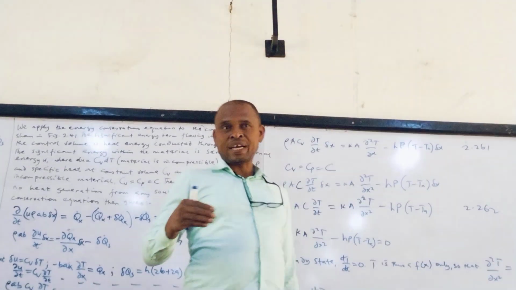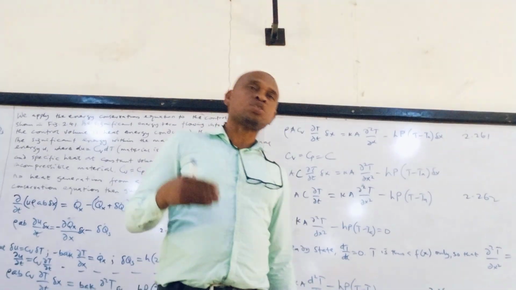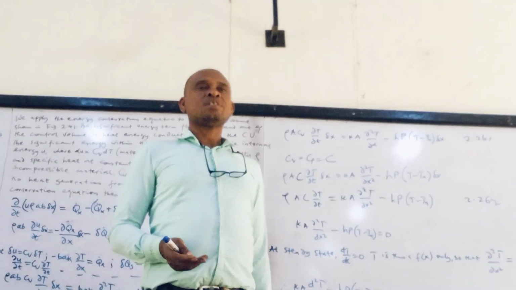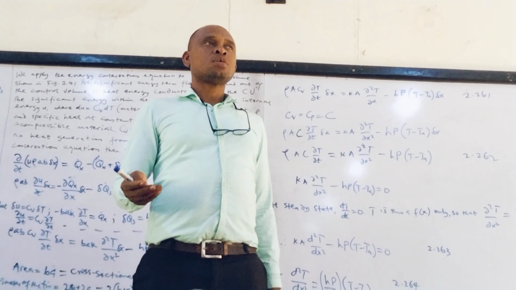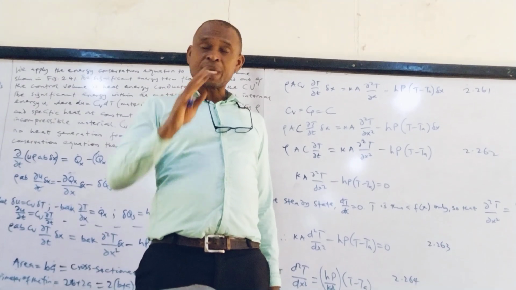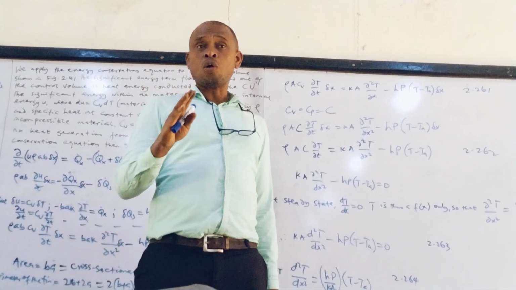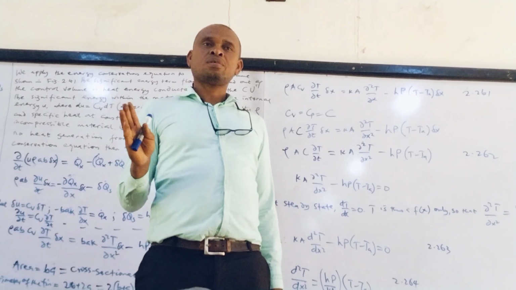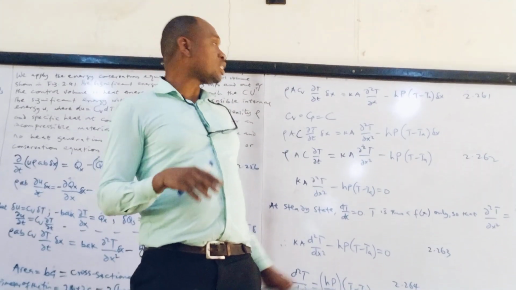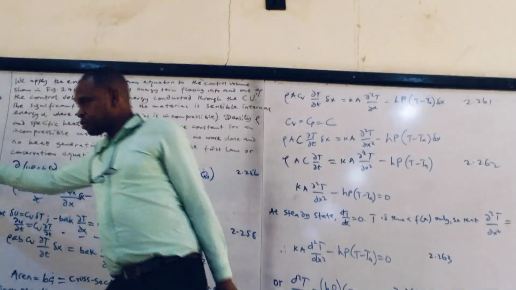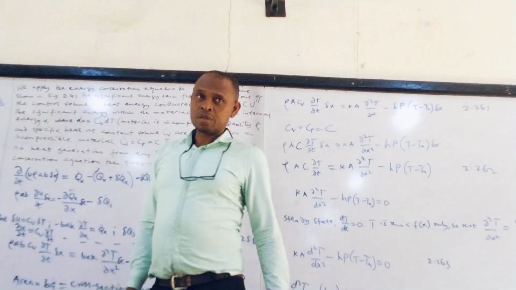My advice is that it depends on your design. I would advise you to make use of the perimeter. What do I mean? What is the perimeter of this? Going round, it is 2A plus 2B.